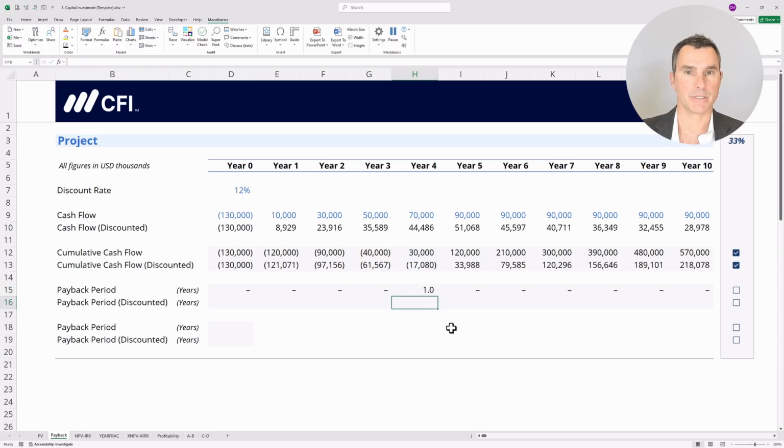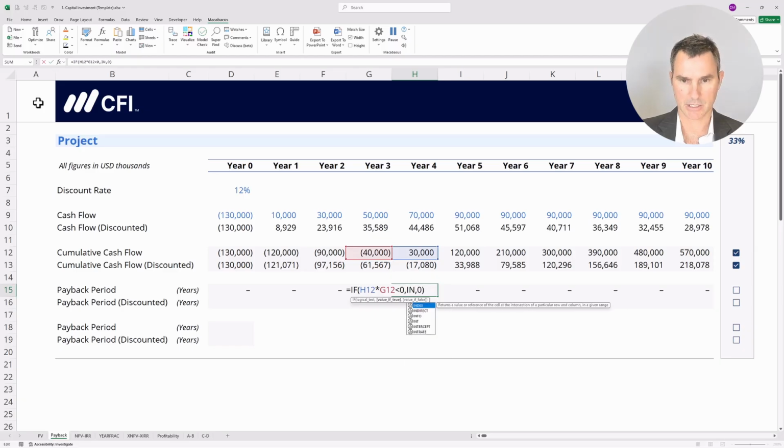So next up, we need to identify at what point during year 3 the cash flow moves from negative to positive. We can do that by using an INTERCEPT function. Let's go in here and adjust this function. We're going to tap F2. Now, instead of putting a 1 in here, let's type in the word intercept.